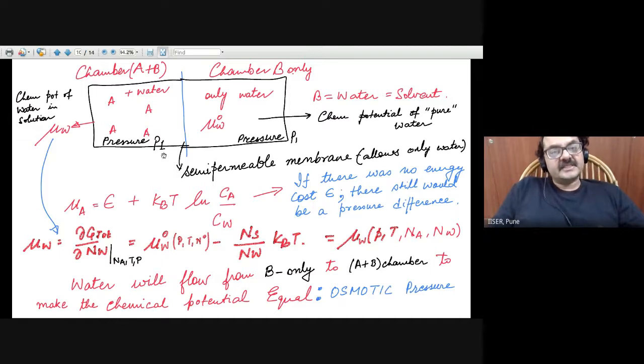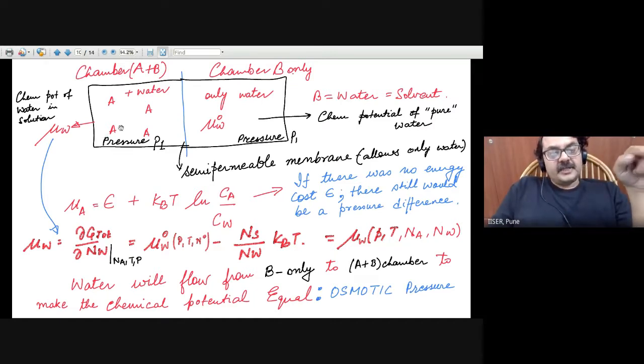As a consequence, the pressure in this chamber will go up. So water will flow from the B-only chamber, B is water, this is the solvent, to the A plus B chamber to make the chemical potential of water equal.